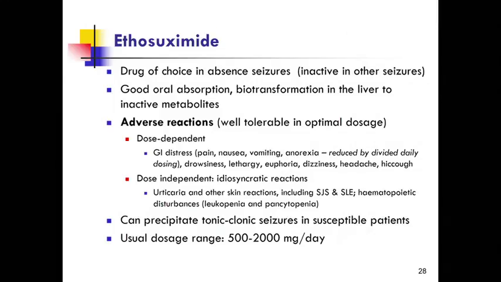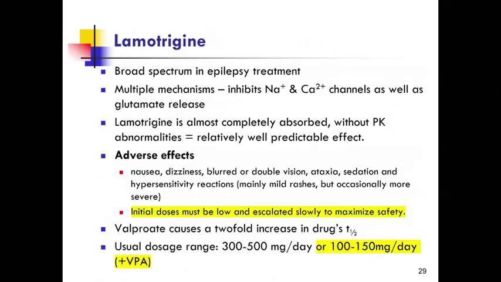They have found that if you give one single high dose, the risk is higher than if you split it into smaller ones, about 2 times daily. Lamotrigine is also broad spectrum. The adverse effects are not so many there, as you can see, quite tolerable.